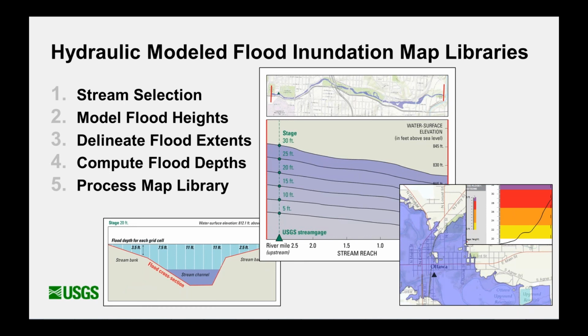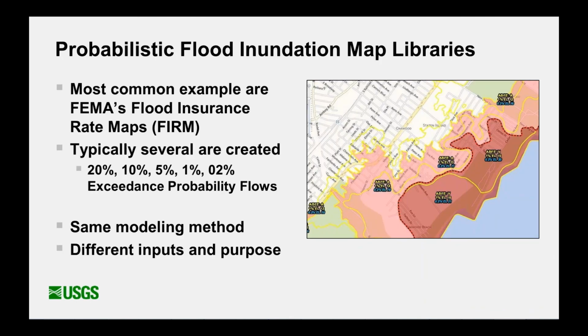Like I said, there are two main types. Probabilistic flood inundation map libraries are the ones that all the CFMs are going to be exceptionally familiar with. The most common example are FIRMs. Basically, the flows or stages that you're going to choose to model are going to be probabilistically determined.